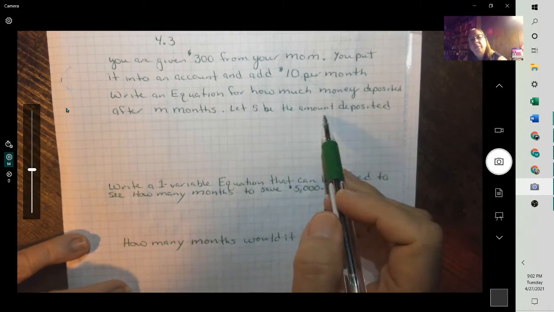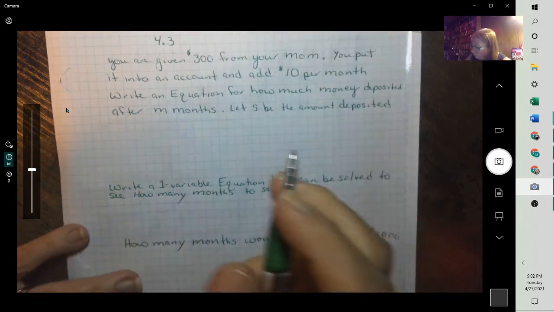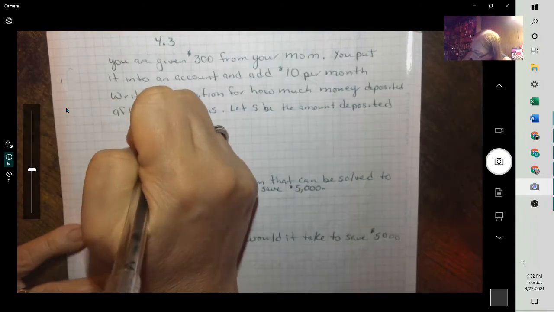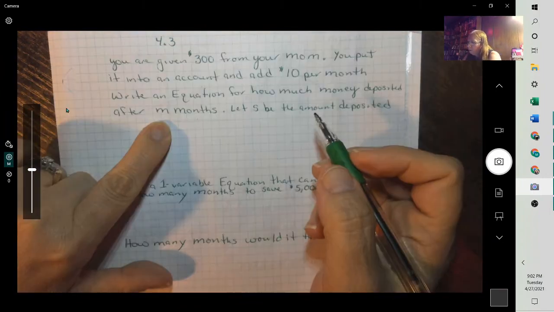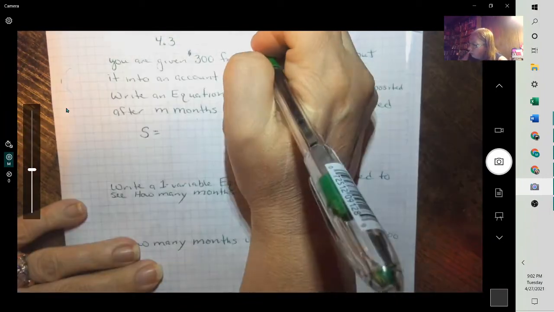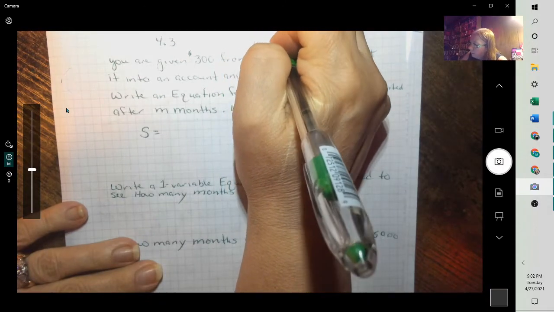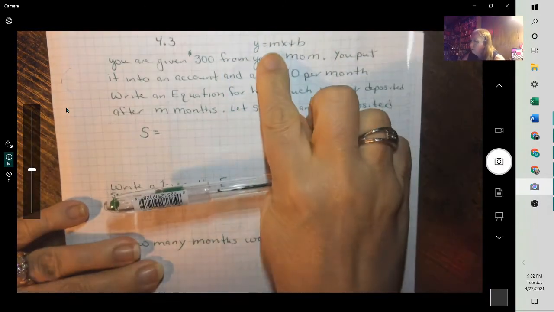Let S be the amount deposited. So they want us to use S for the amount deposited, and then M for month. Now remember our equation, y equals mx plus b. This is our slope.